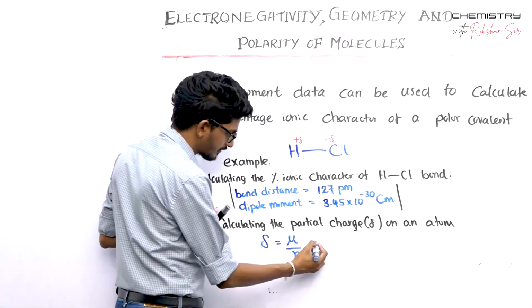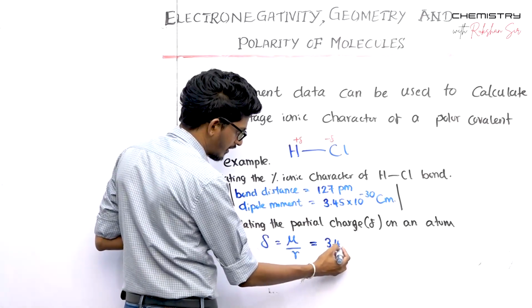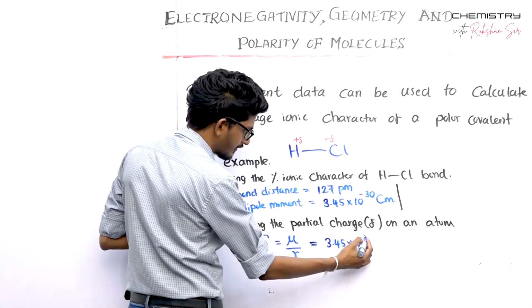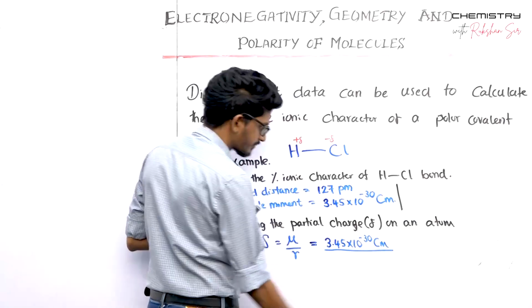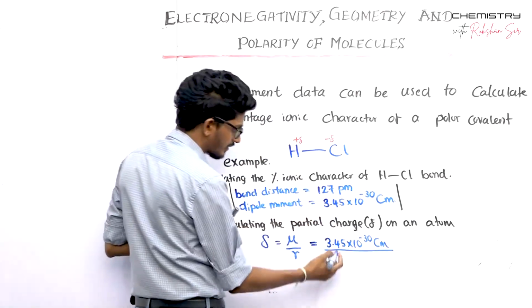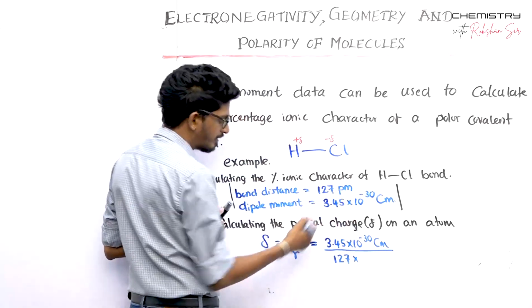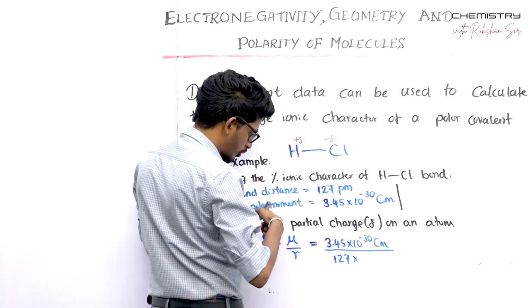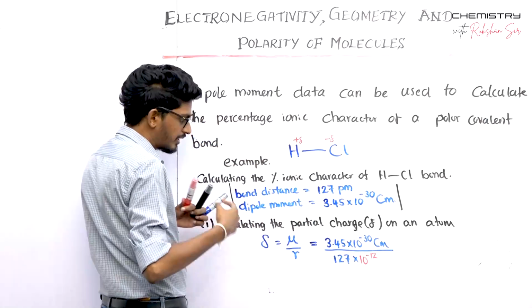Let's apply that. The mu value is given as 3.45 into 10 to the power minus 30, and R is the bond distance, which is 127 pico, meaning 10 to the power minus 12, meters.